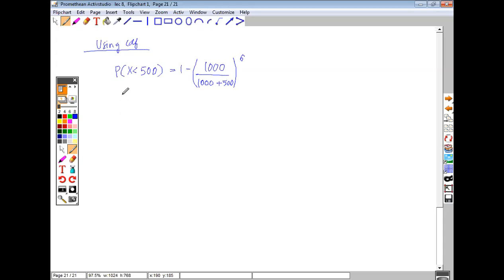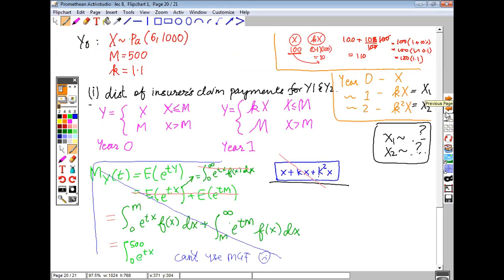Can you show the previous page? The CDF that Isha told was for year zero, right? Yeah, can you say that again?